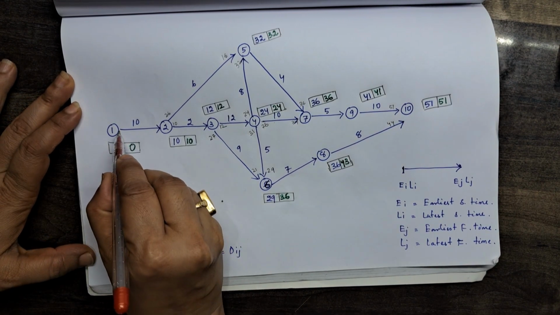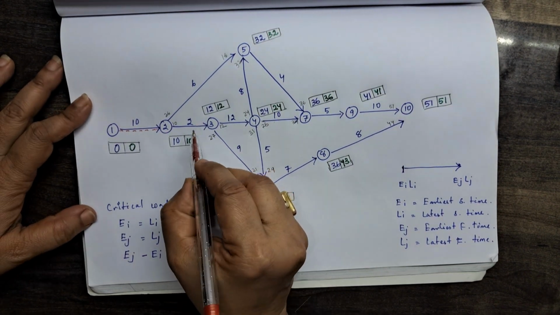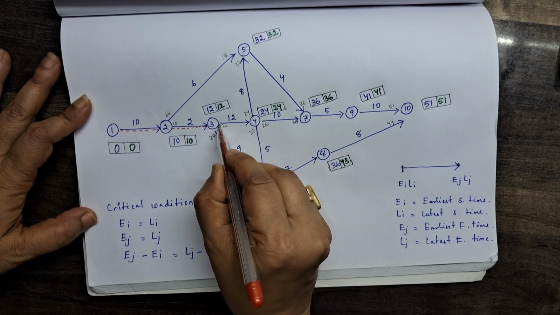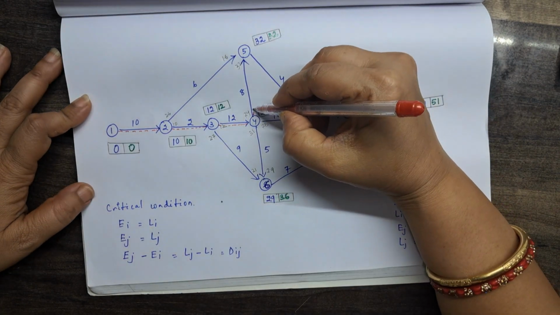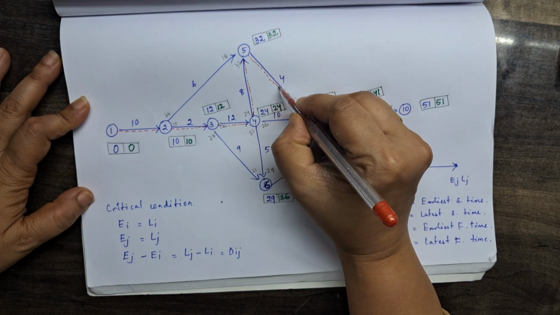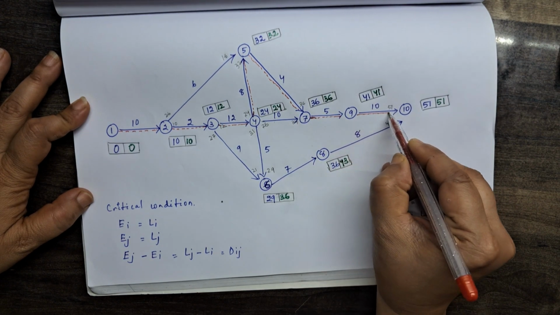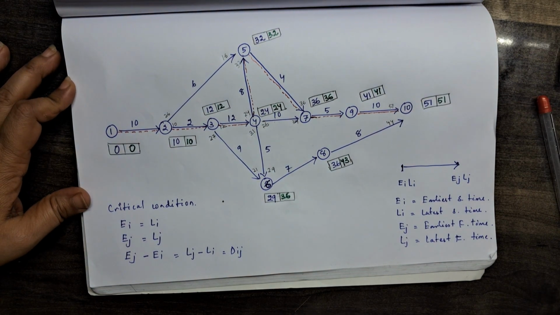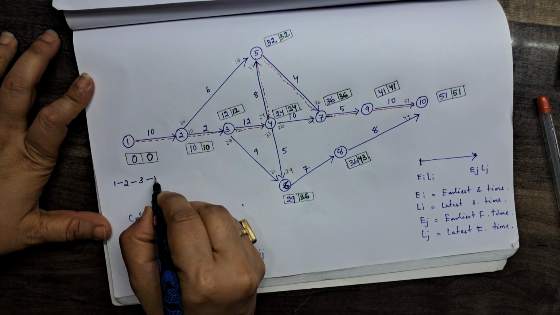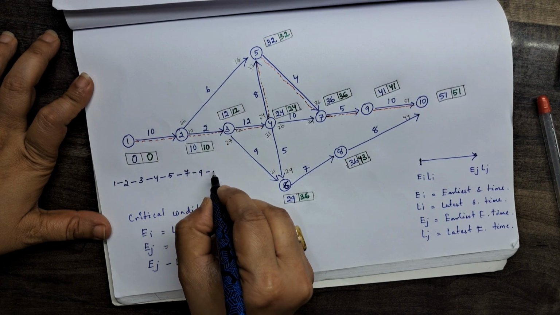So, this is our critical path: 1 to 2, 2 to 3, 3 to 4, 4 to 5, 5 to 7, 7 to 9, 9 to 10.